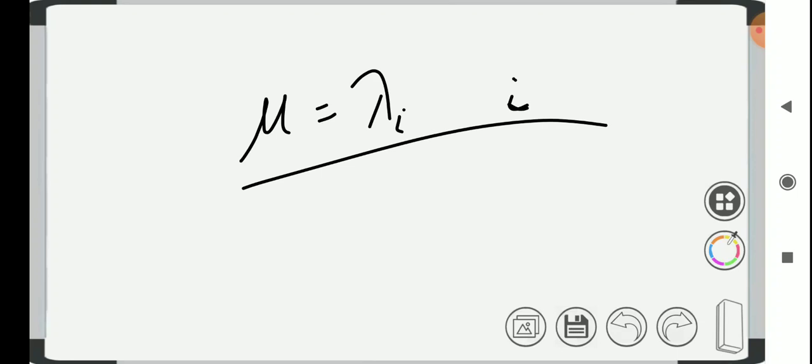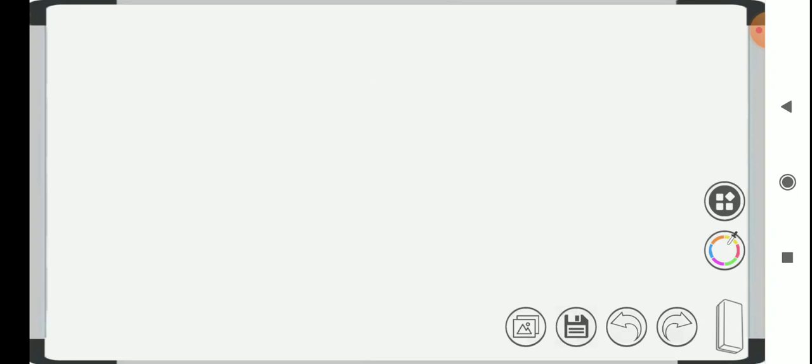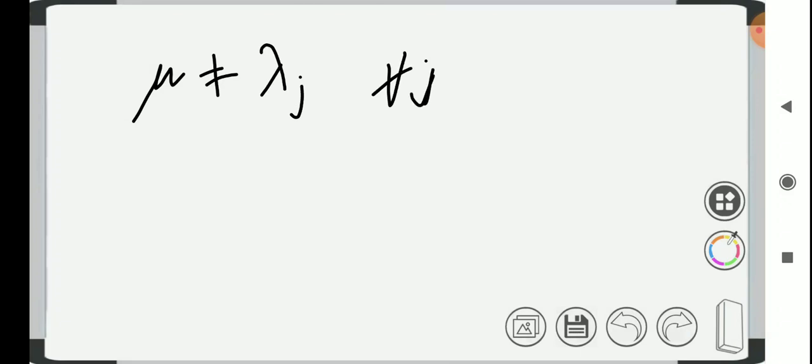So we will prove this property by contradiction. We will assume that mu is not equal to lambda j for all j in our given conditions, that is, mu is not equal to lambda j for all j.